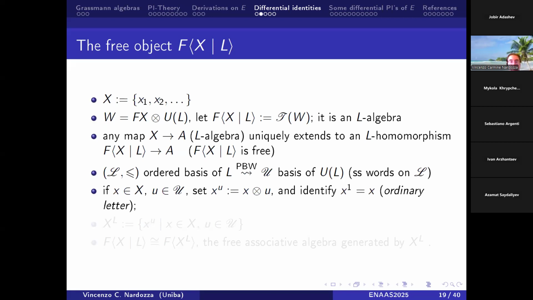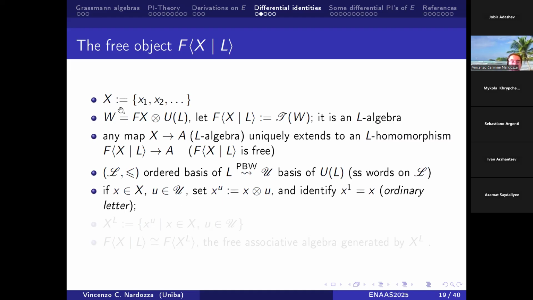This is basis free, but since we can fix an ordered basis in the algebra L, by the Poincaré-Birkhoff-Witt theorem we get a canonical basis for the universal enveloping algebra, which we denote by U. And then we make the following identification.